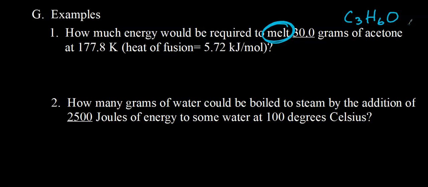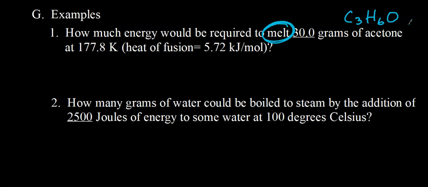Now, what is the significance of 177.8 Kelvin? This is the melting point for acetone. So what we're saying is the acetone's already at the melting point, and so any energy that you add to this acetone will be used just to melt it. There is no temperature change that occurs.